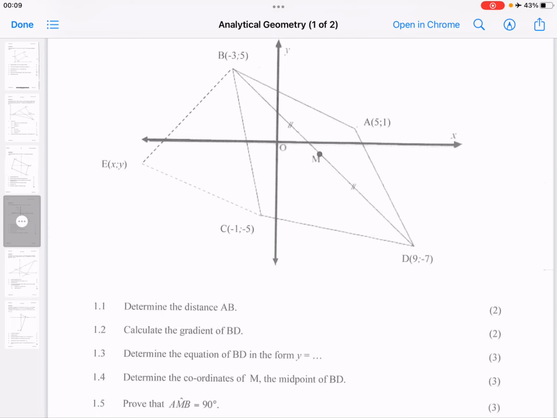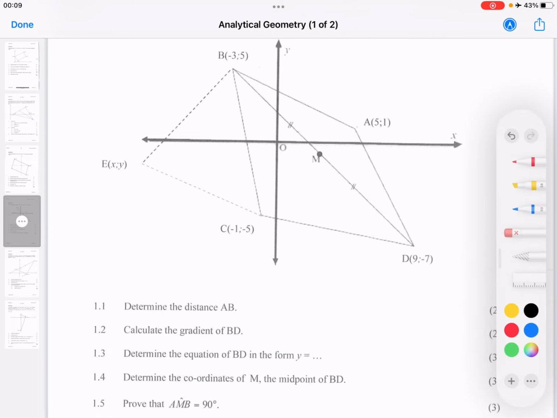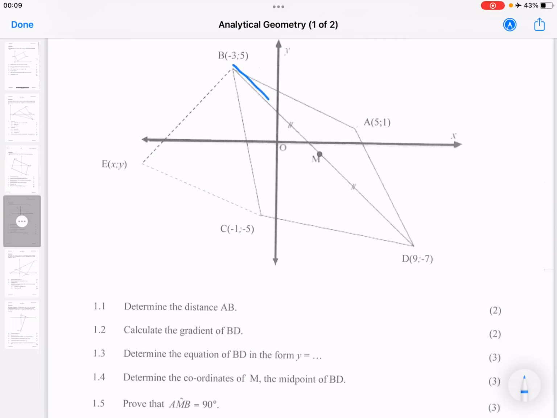Let's see. 1.4, it says determine the coordinates of M, the midpoint of BD. BD again. So let's see. There is B and there is D. So this is what we are looking for.